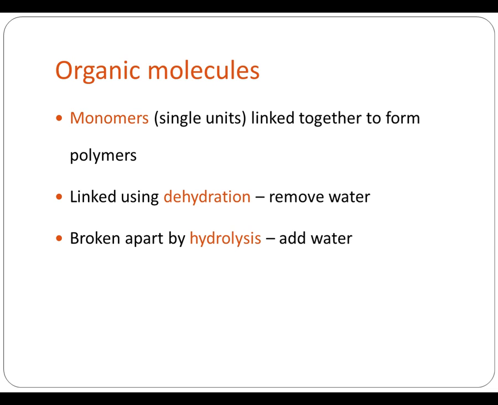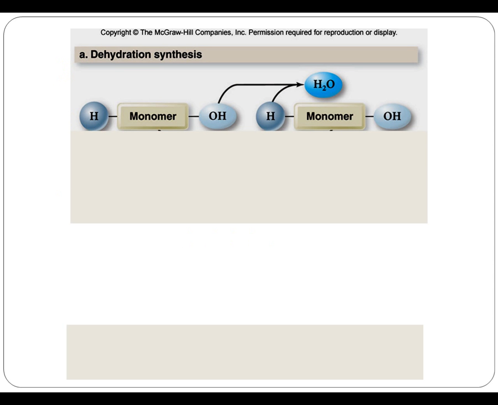A picture will probably help you a ton with this. Here's an example, and we're using the words monomer and polymer very generically. I could use glucose and sucrose, which would be monomers of sugars. If I want to join them together, what type of reaction?